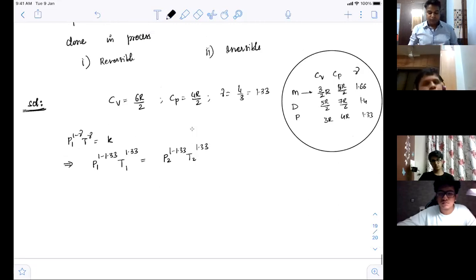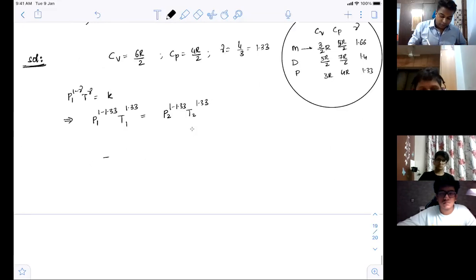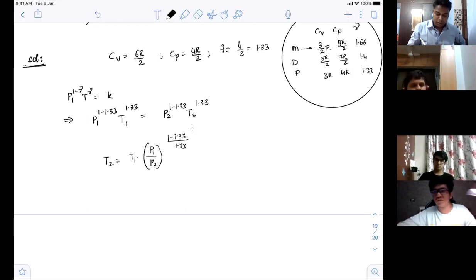This is what we know. From here, can you calculate T2? So T2 will be equal to T1 into P1 by P2 whole raised to power of 1 minus 1.33 divided by 1.33, right?